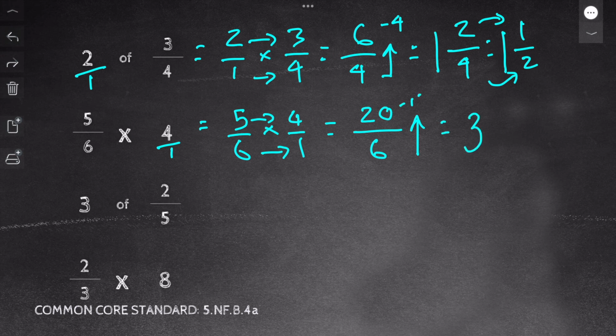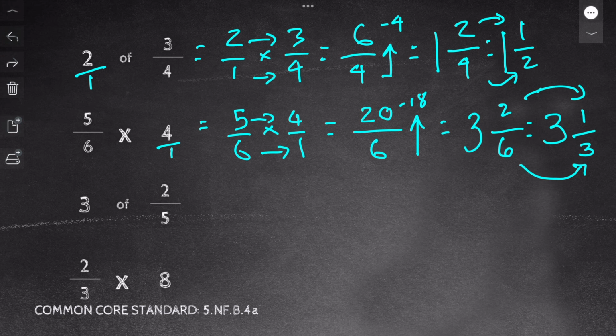And 20 minus 18 equals 2. So I have 2 pieces left over, and then I keep my denominator of 6. I can also simplify my 2/6. I know 2 divided by 2 is 1, and 6 divided by 2 is 3. And I keep my whole number. So my answer is 3 1/3.